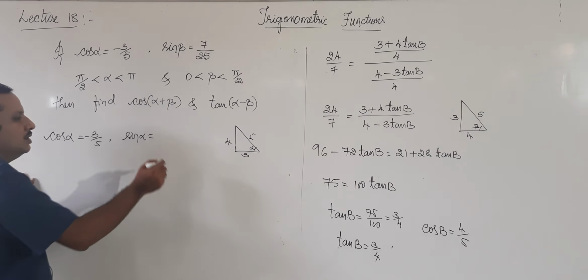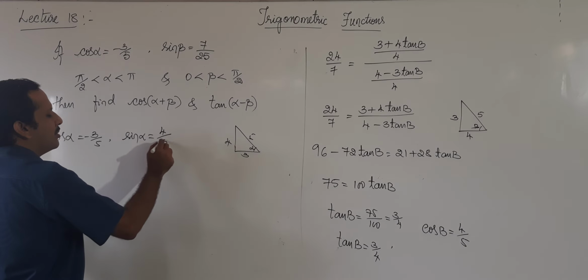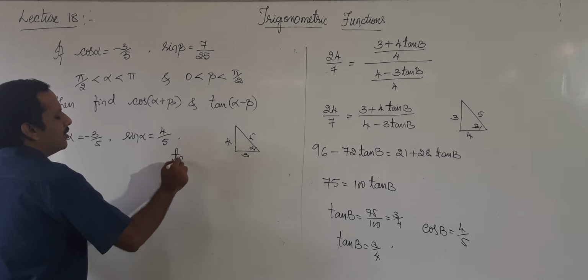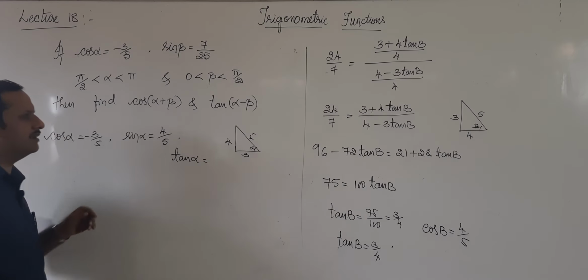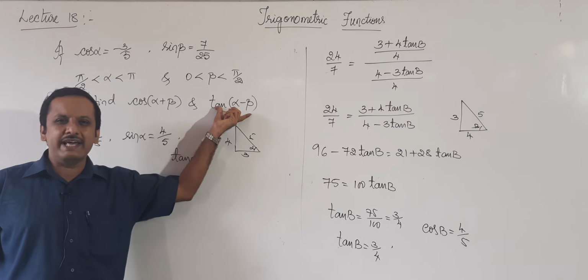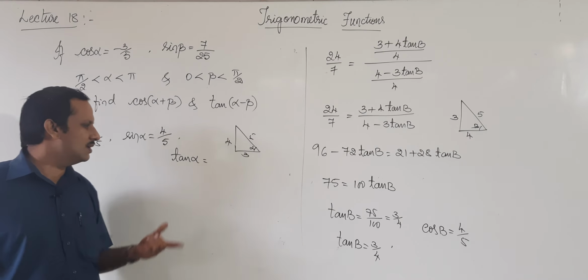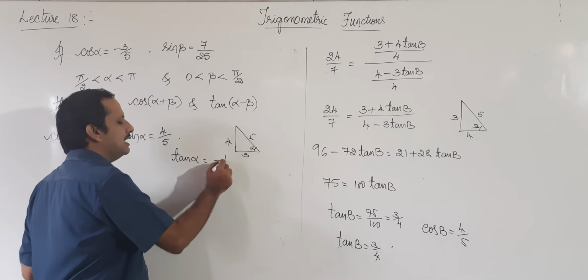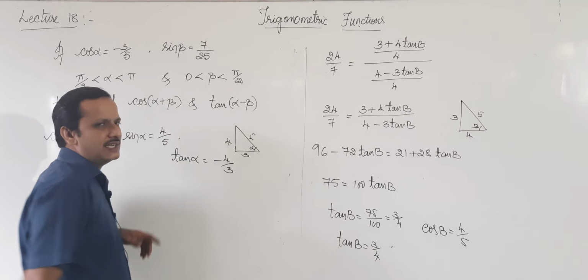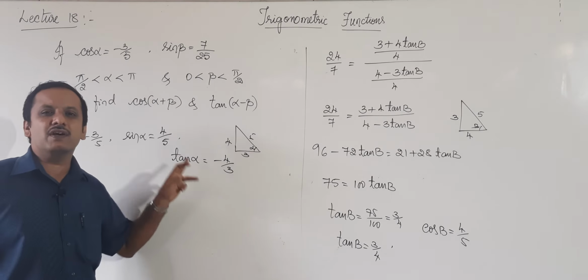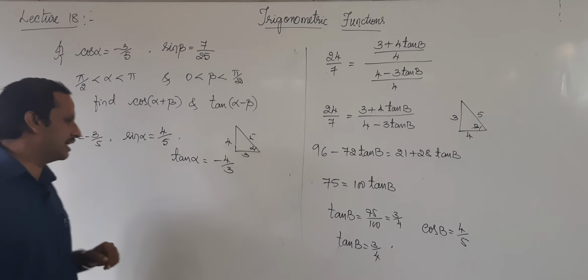So I will write that as opposite by hypotenuse, 4 by 5. Then what about tan alpha? We need tan alpha also while finding tan alpha minus beta. Tan alpha is equal to minus 4 by 3, opposite by adjacent. Why did I write minus? Because in the second quadrant tan is negative.